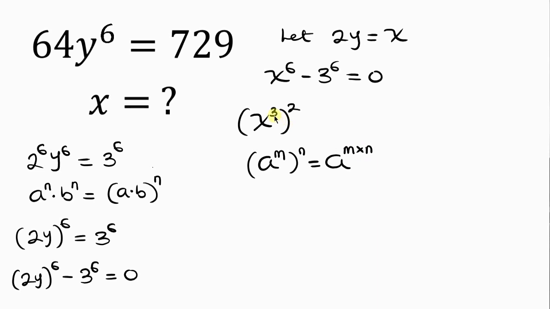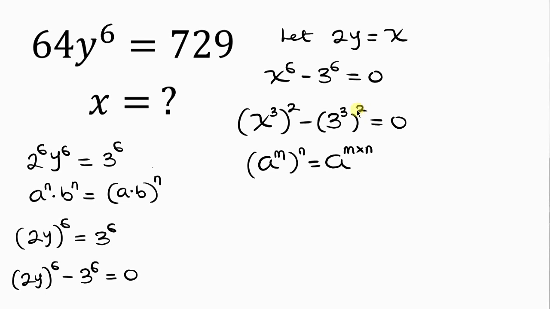So when we multiply the power here, 3 times 2, I'm still going to be getting 6. Minus, now 3 to the 6 can be written as 3 to the 3 now raised to power 2 equal to 0. So I have been able to write this in the form of difference of two squares.